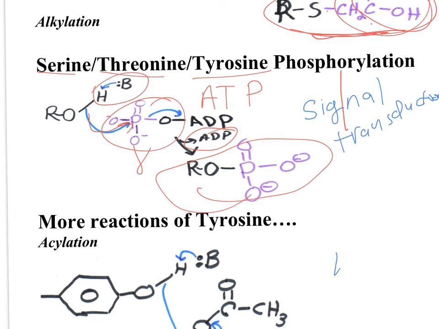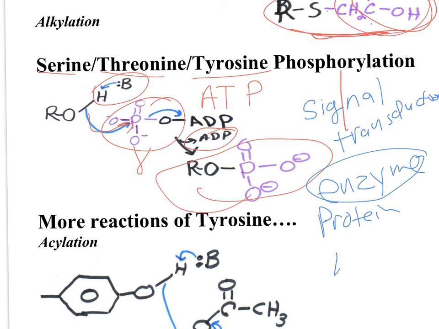And a lot of it's facilitated by enzymes. And so this particular reaction is facilitated by an enzyme type called a kinase, and we'll learn more about kinases. This is called a protein kinase.